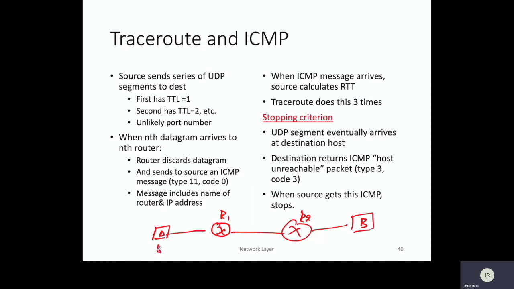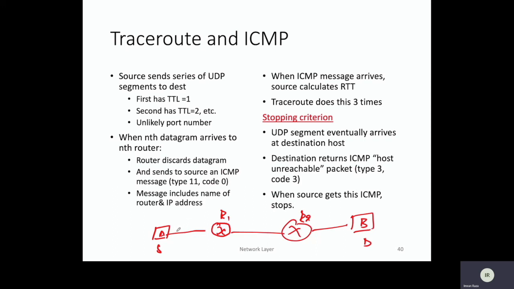So we have a source, we have a destination here, and we want to see which path is taken to reach the destination machine B. By the way, this is a very important command, traceroute, that is used by network administrators for network management.